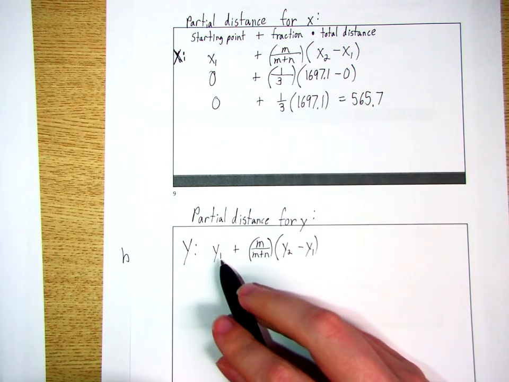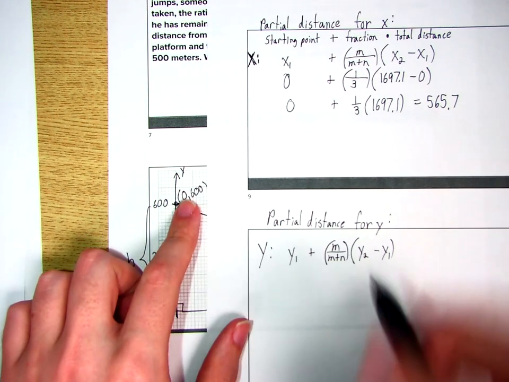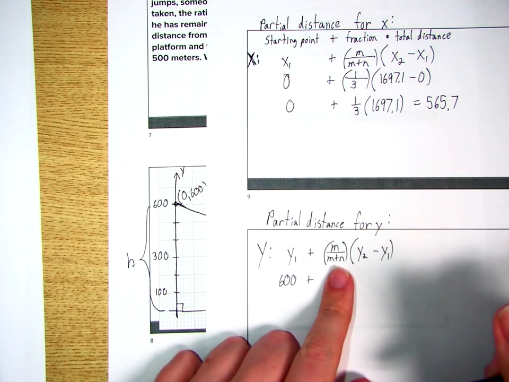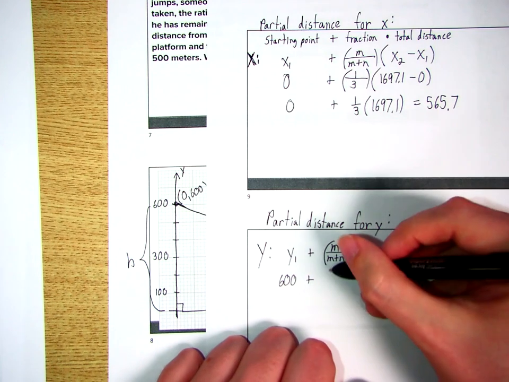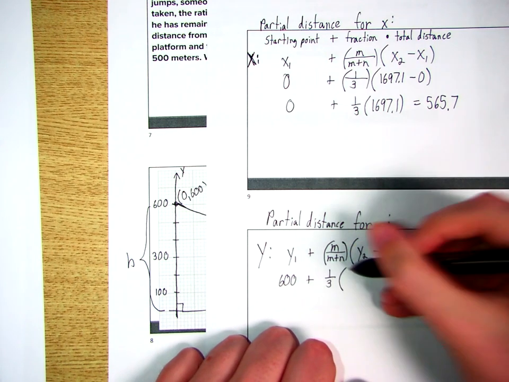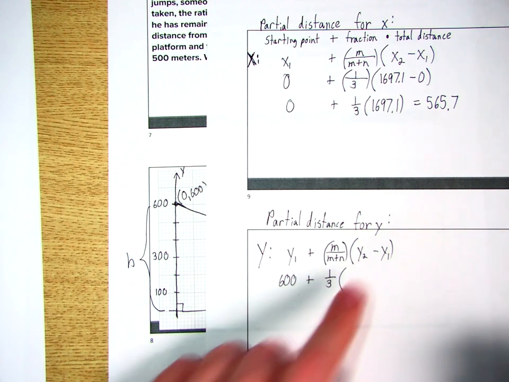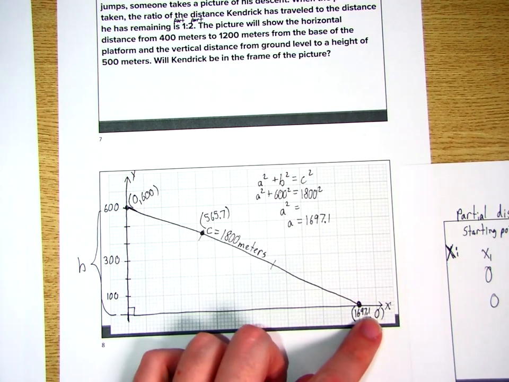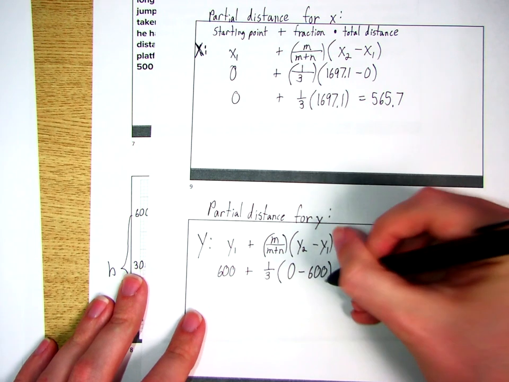Our starting height was 600. So we're going to have 600 meters there, plus this fraction is going to be the same as our 1/3 from earlier, times our ending location, or final height, which is 0. We're ending at the bottom. So we're going to have 0 minus 600.